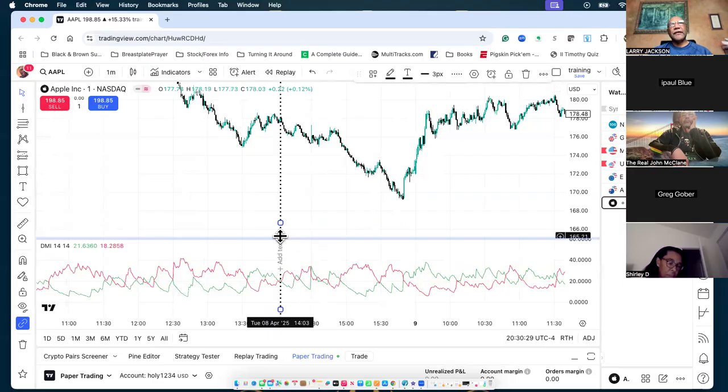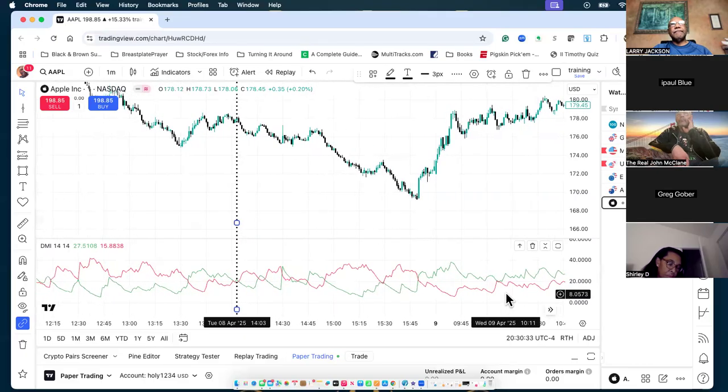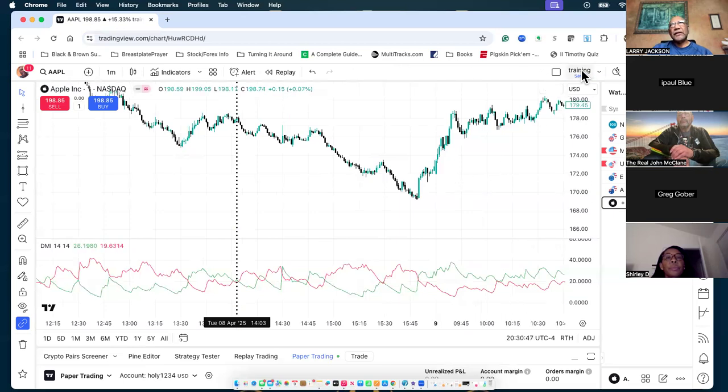It crossed over right there. See that? And you're in. Everybody follow that? Yes. That's just one indicator. That's not two.